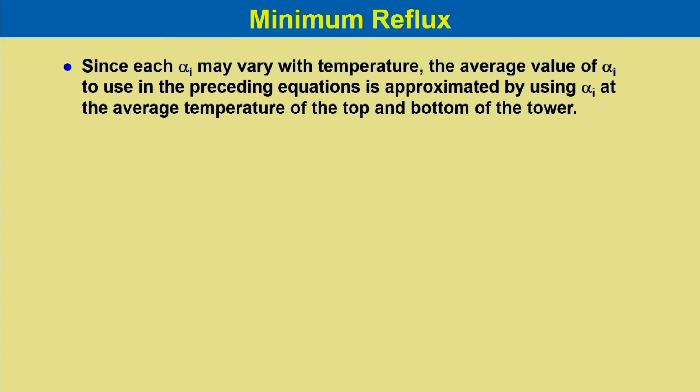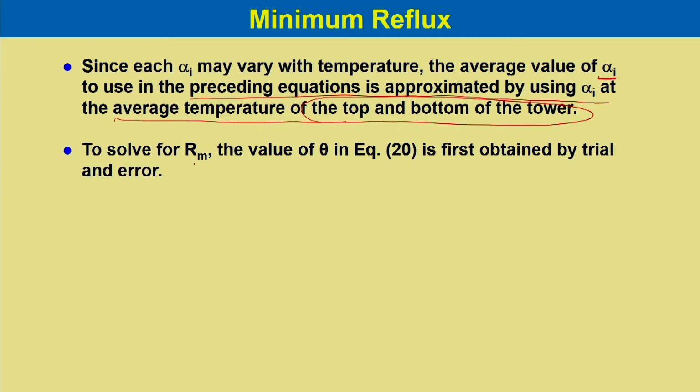Since each alpha i may vary with temperature, the average value of alpha i to use in the preceding equations is approximated by using alpha i at the average temperature, considering the top and bottom of the tower.